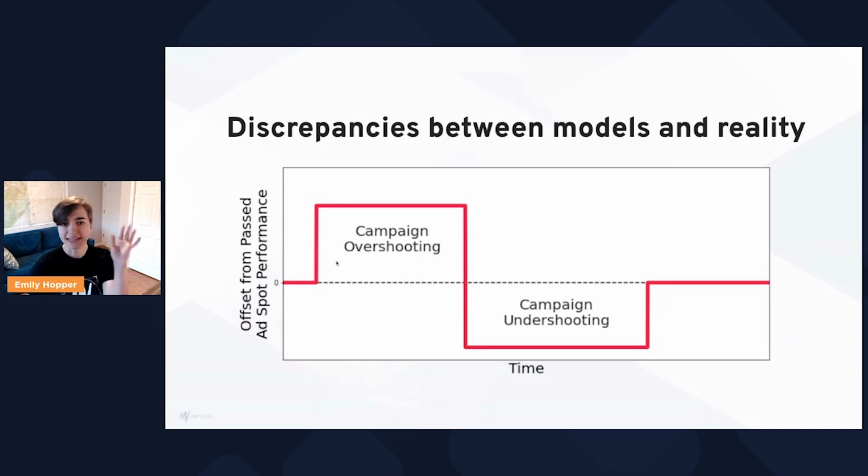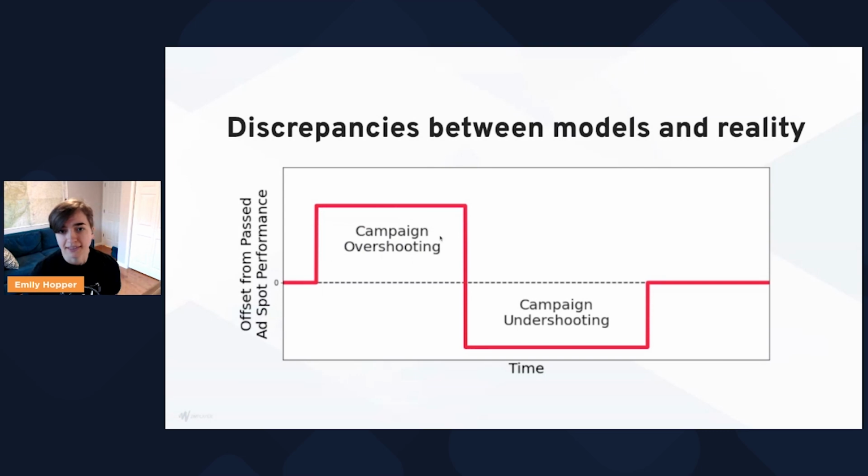So let's take it as given that the feedback loops I've already talked about are doing a stellar job. The ad spots that we're passing to the advertising marketplace are exactly hitting their goal. So 0 on this graph is exactly hitting the goal. And then we're showing the difference of the performance of the ads actually placed by the campaign versus the performance of the ads that we are passing them.